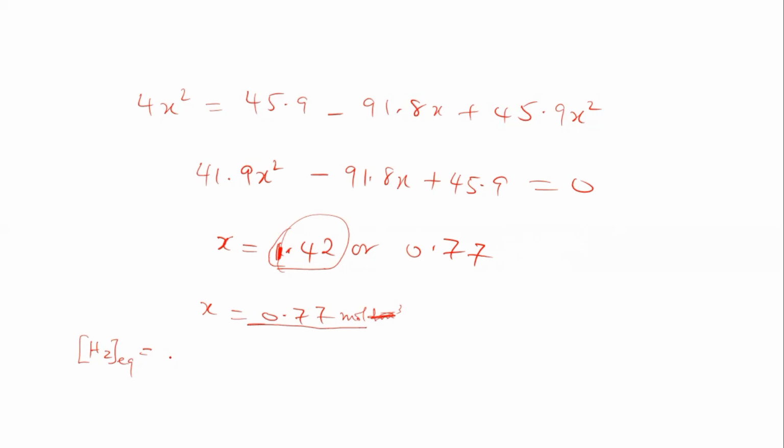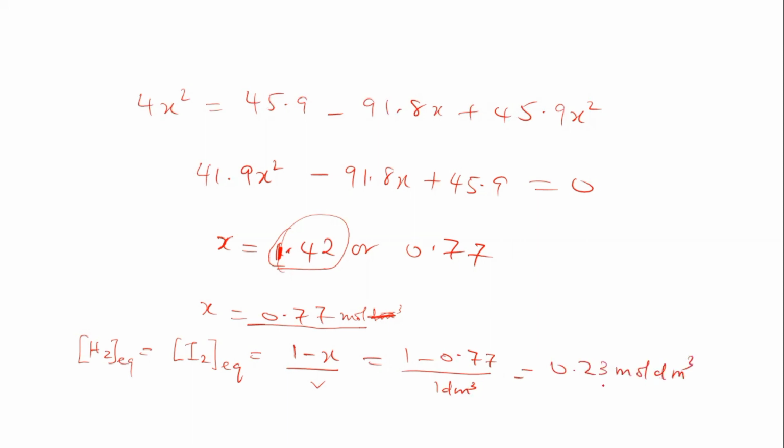So this one is actually 1 minus x over the volume. And that is actually equal to 1 minus 0.77 over 1 dm cube, and that's going to give us 0.23 mole per dm cube. So that's going to be the concentration of each of them.